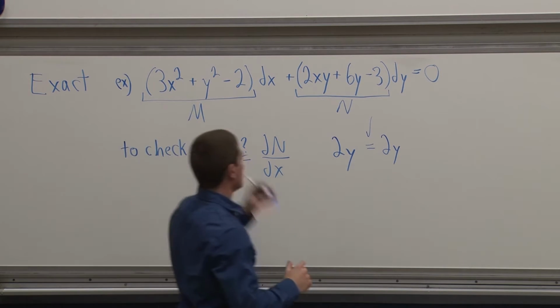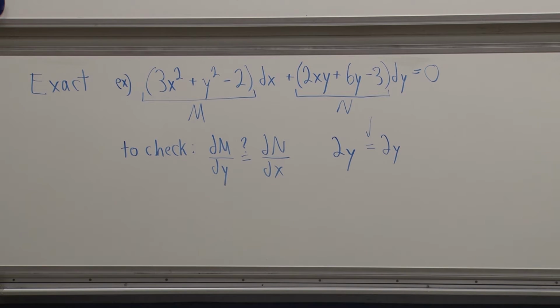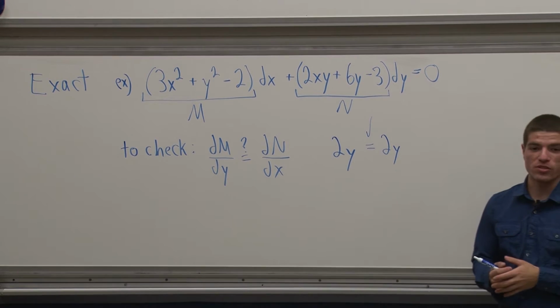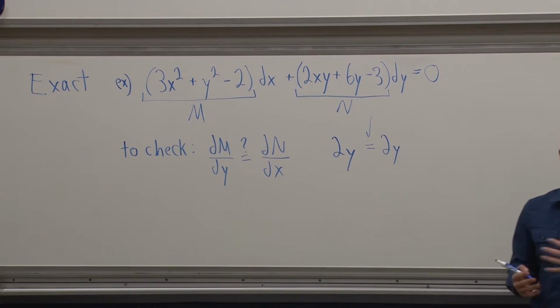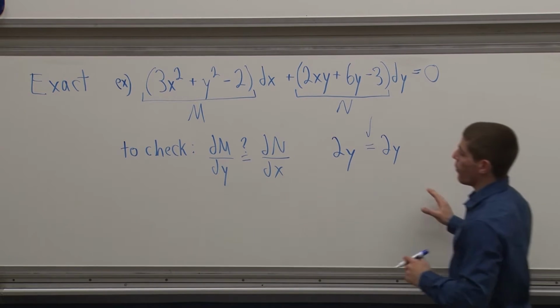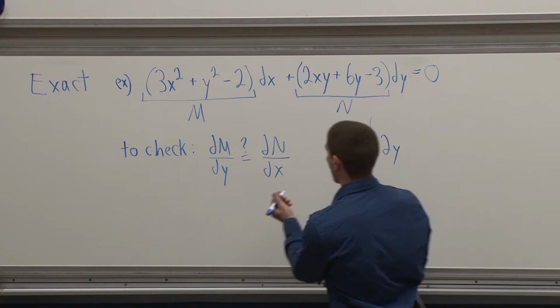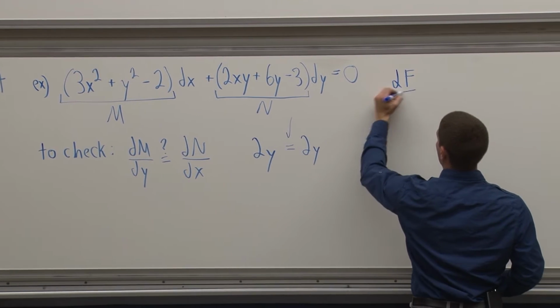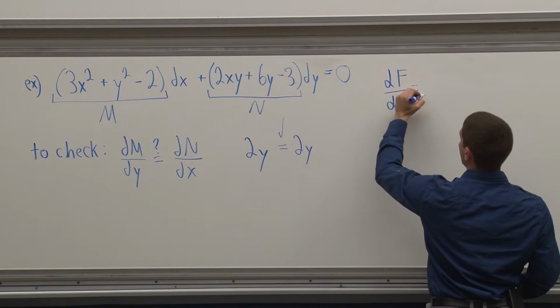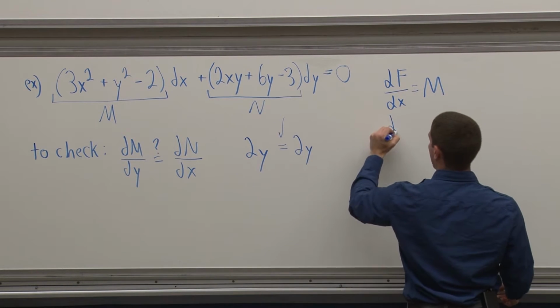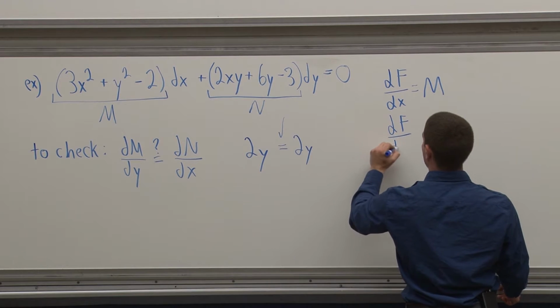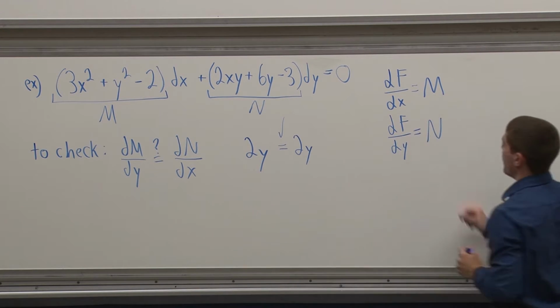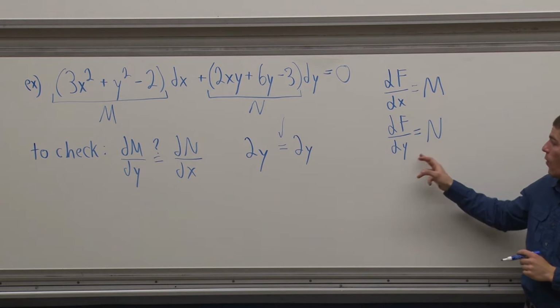All right, the next step is we need to try to find, just like I said yesterday a lot of times, in differential equations we're looking for the template of the answer, what the answer is going to look like at the end. And we need to end up plugging some stuff in later. Another thing to know is that the partial derivative in terms of x of the function is equal to M, and the partial derivative of the function in terms of y equals N. That's where your association with M and x and N and y comes from.